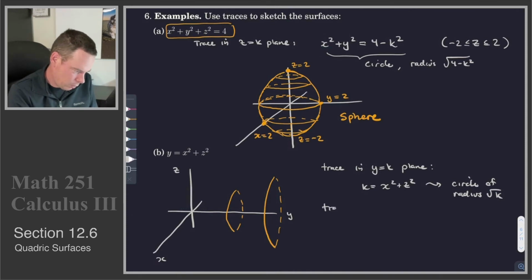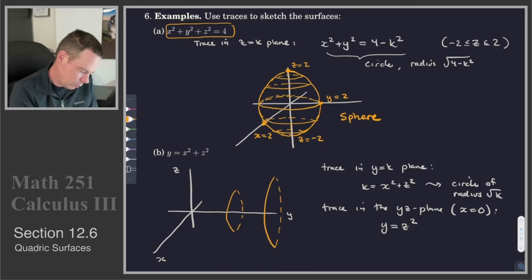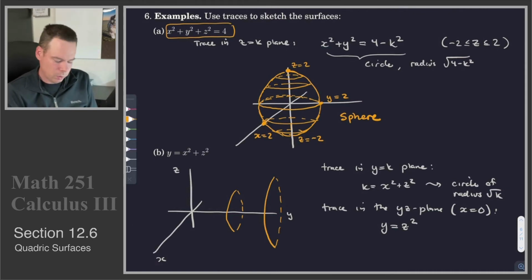What else do we get? Let's look at our trace in the YZ plane. So this is the plane when x is equal to 0. So the YZ plane, what does it look like? Well, when x is equal to 0, we get y is equal to z squared. That's a parabola. So that's going to look like this when we're looking at the YZ plane.